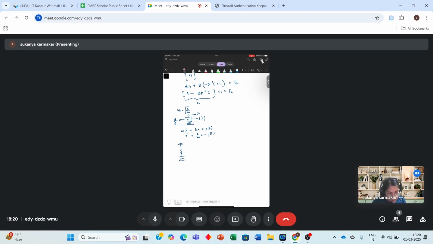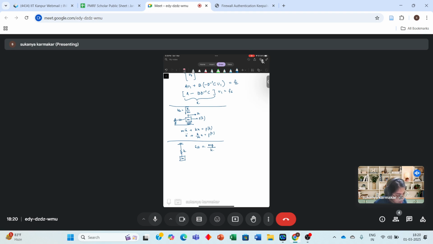So what will be the static displacement? That is the displacement of this mass due to gravity. Let's say delta static is equal to the force divided by the stiffness k. Let's say the stiffness is k.